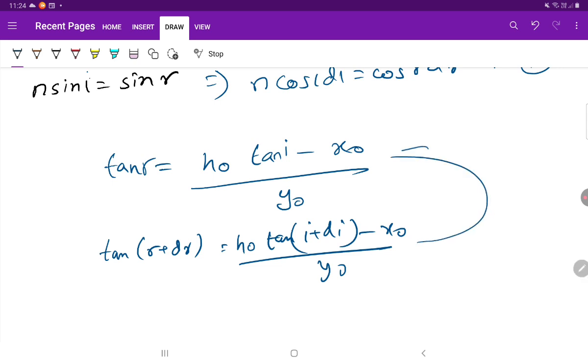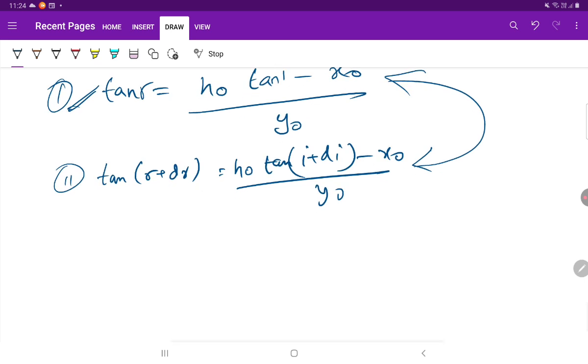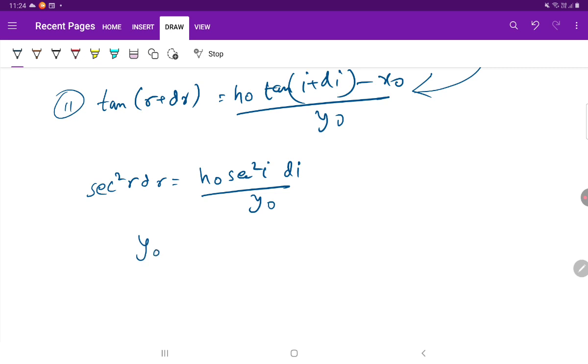Instead of subtracting these two equations, we can just differentiate this equation. So differentiating, we simply get sec square r dr equals h naught sec square i di by y naught. So I can say y naught equals h naught cos square r by cos square i.